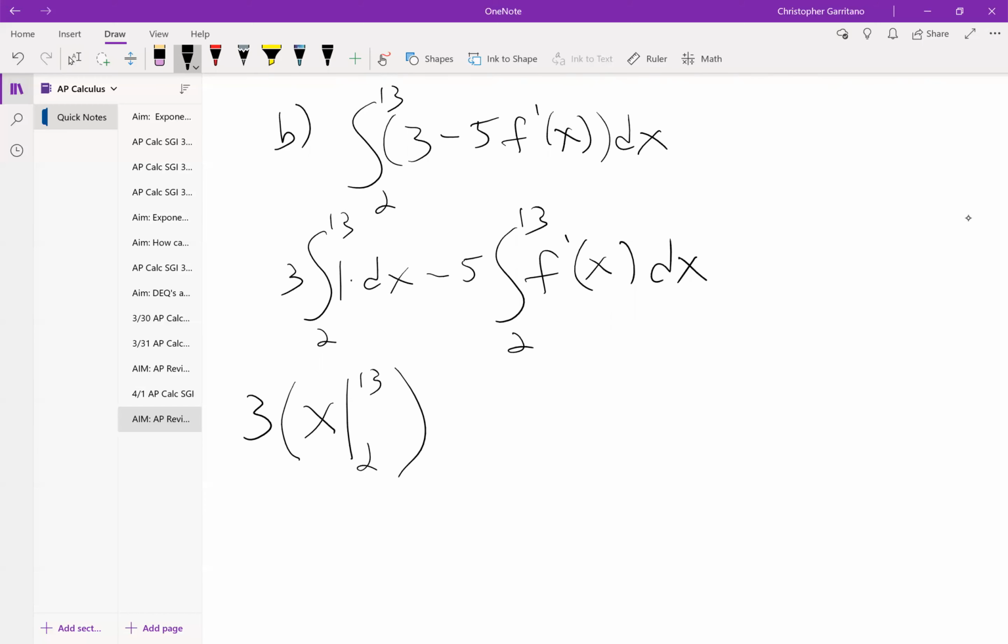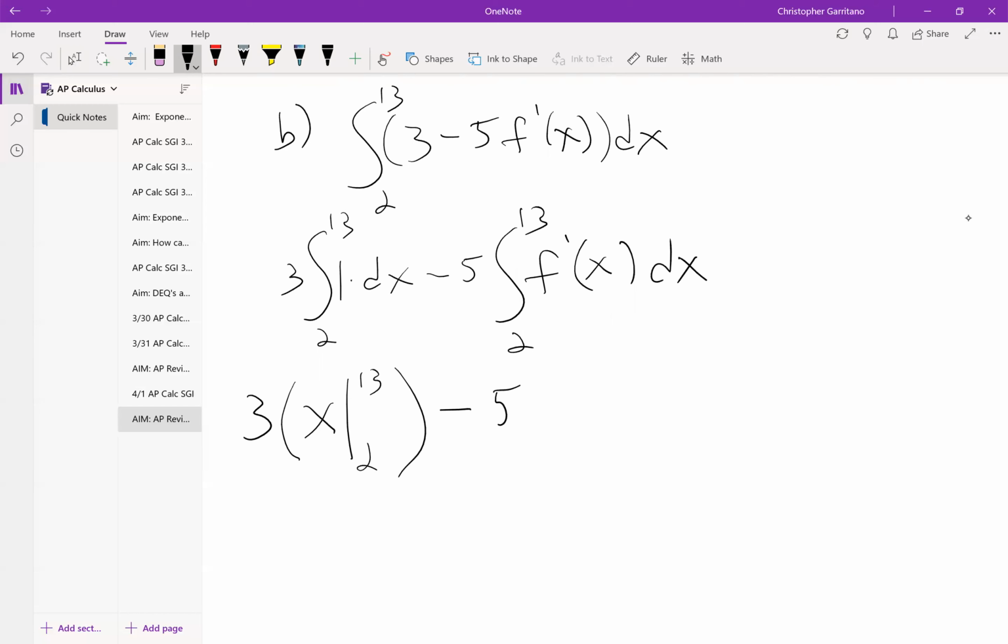How do I know that I found the correct antiderivative? Well, I should be able to take the derivative of my antiderivative and get the integrand. The derivative of x is definitely 1, and so I'm sure that I have the correct antiderivative.